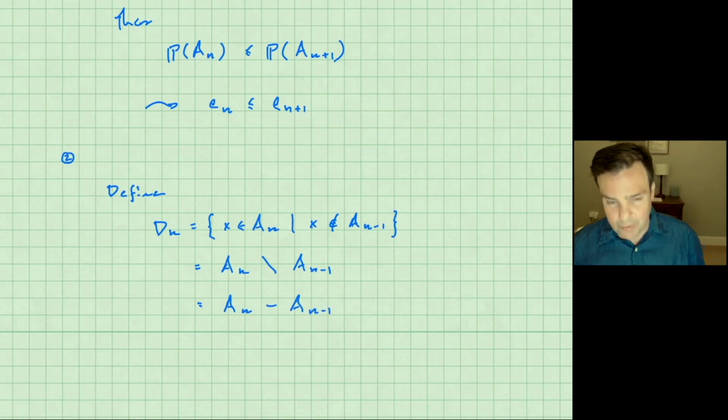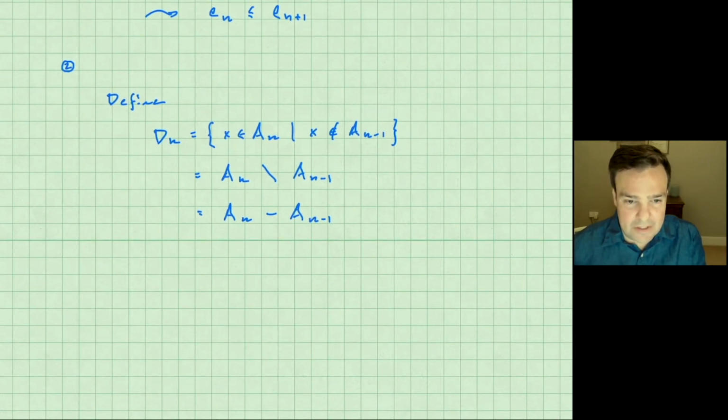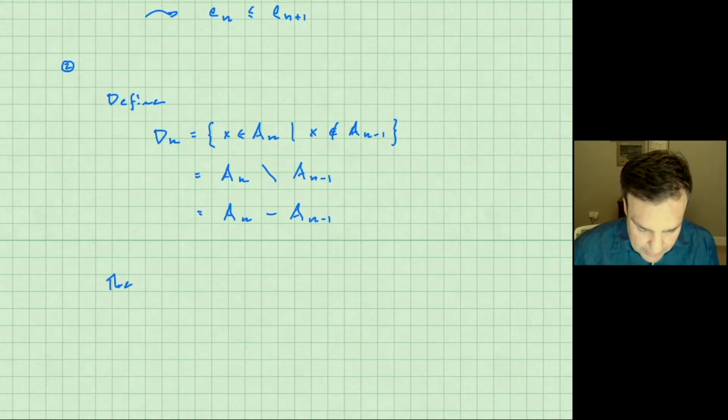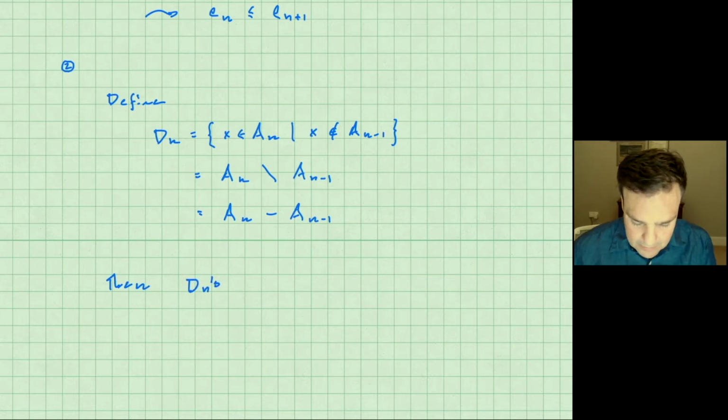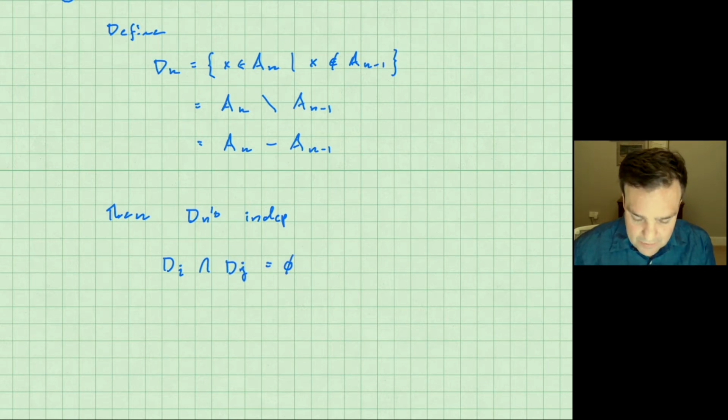Remove the parts that are in A_{n-1} from A_n, and that's the definition of D, right? So then these guys are disjoint, right? That is to say D_i intersection D_j is the empty set if i is not equal to j.